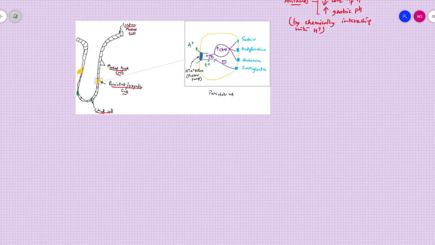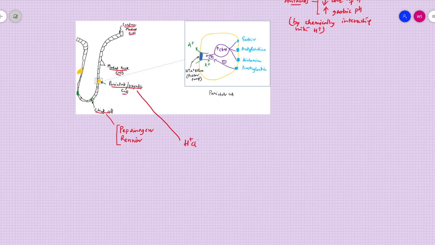The chief cell secretes pepsinogen and renin. Renin is mainly in infants, not so much in adults, but it does secrete pepsinogen in adults. The parietal or oxyntic cells secrete hydrogen ion, so they are responsible for HCl.